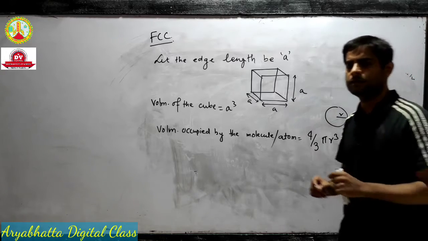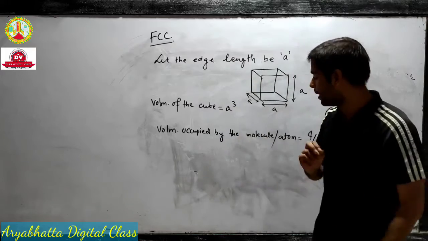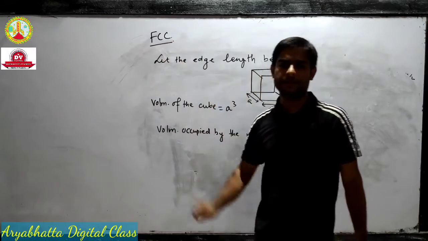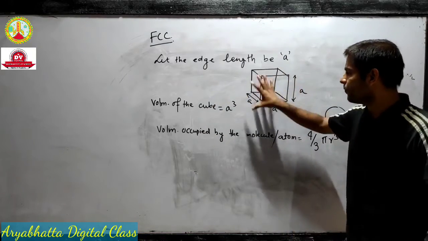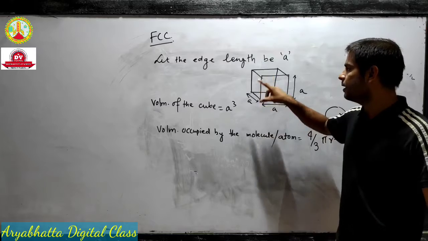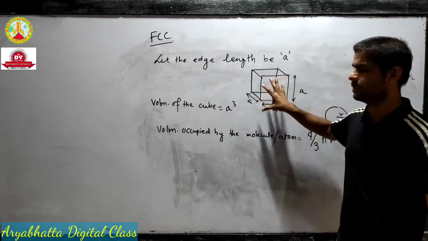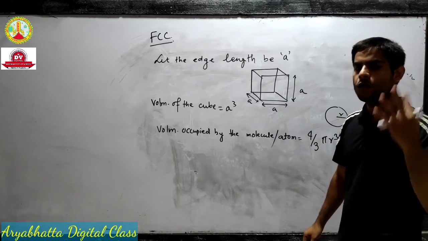Now comes the important part: we are talking about the face centered cubic lattice. In a face centered cubic lattice, each unit cell contains how many atoms? 4 atoms.